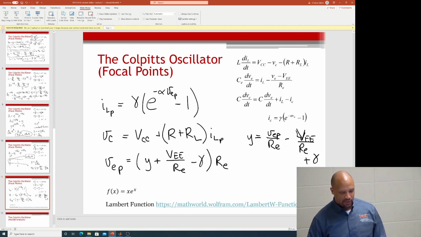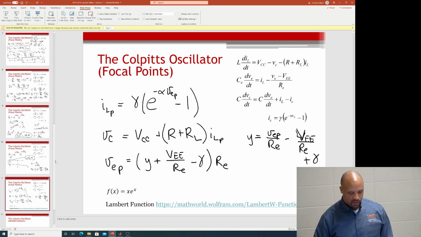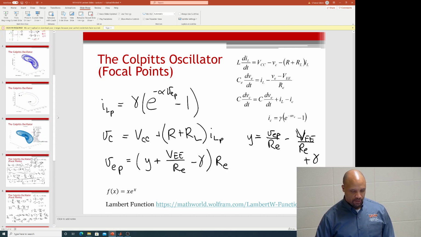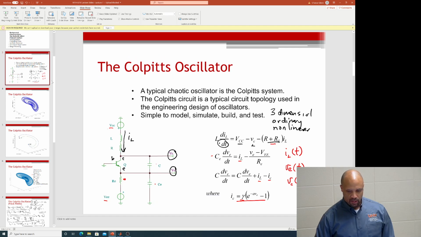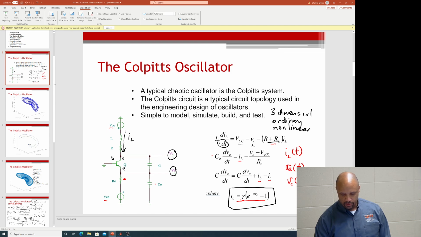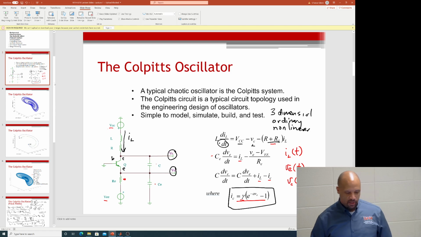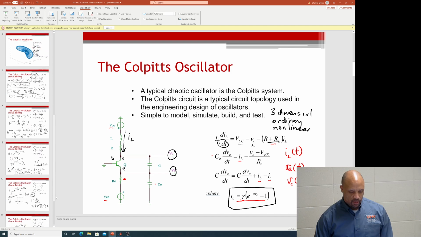So as simple a circuit as that might look, it's still very complicated in the transistor that is used to describe it. But when you calculate it, you can get to all this stuff.